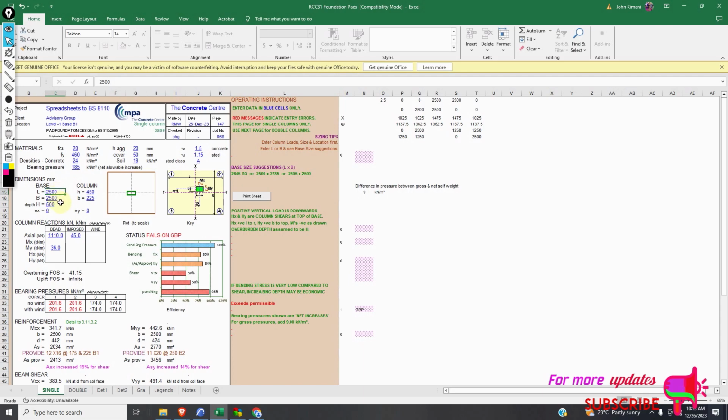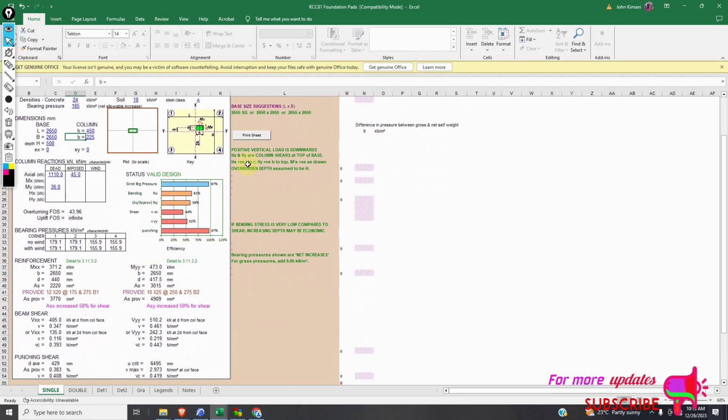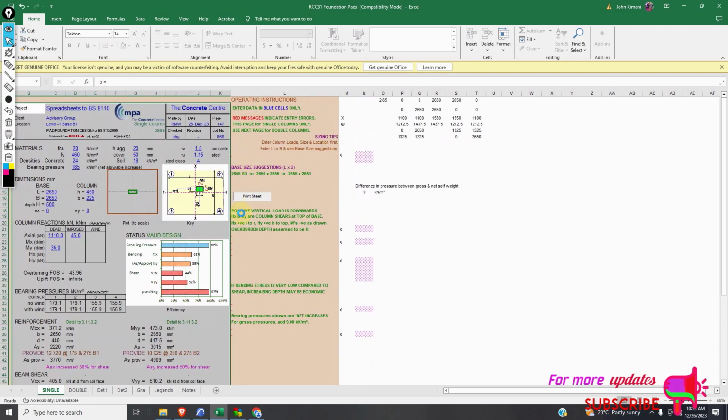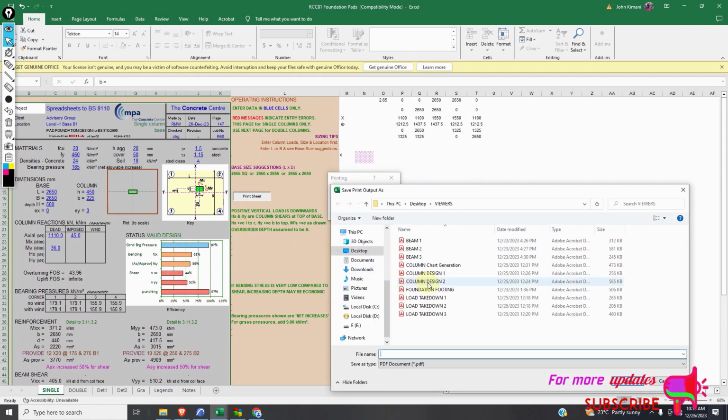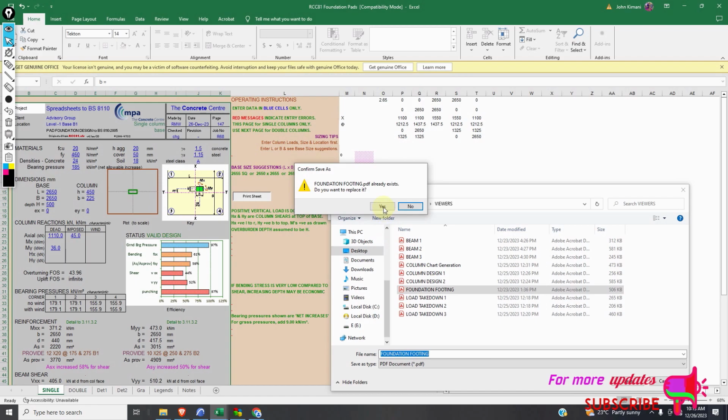So let's use the suggested size 2650. This is a valid design. Now you can create this. So new foundation, create now.